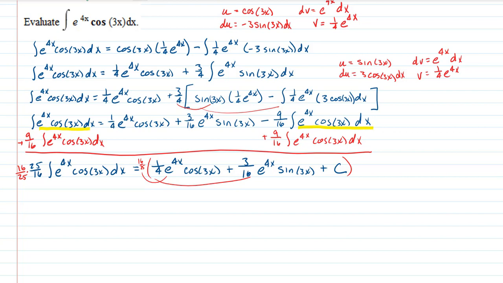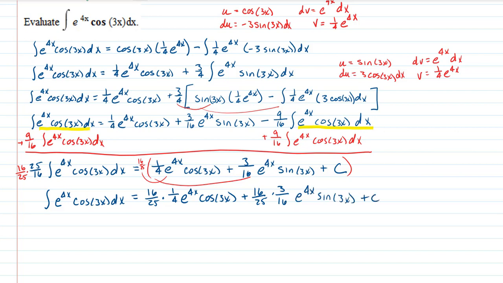So when I distribute that, I get that this integral e to the 4x cosine 3x dx is equal to 16 over 25 times 1/4 e to the 4x cosine 3x plus 16 over 25 times 3/16 e to the 4x sine 3x plus c.